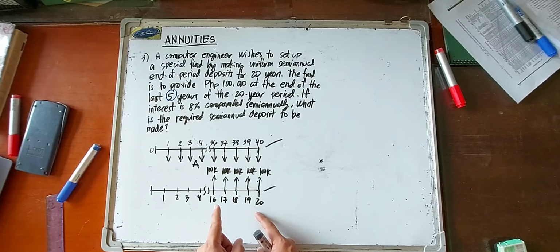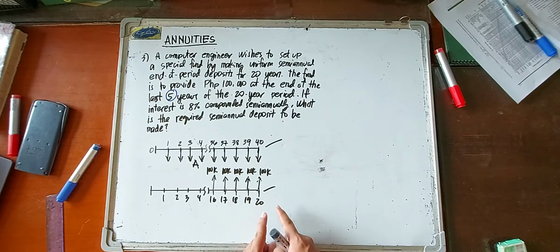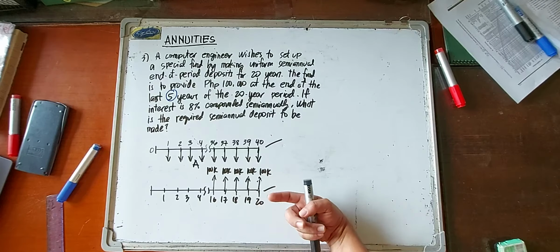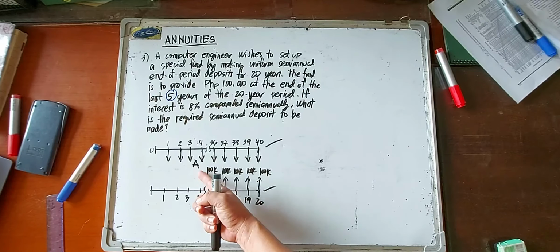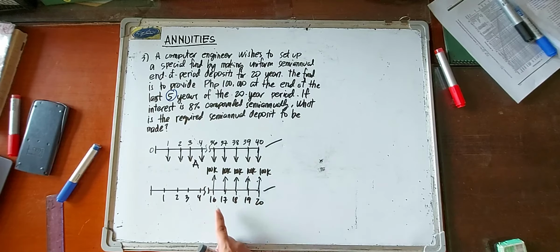So sa 16th year, meron kang 100,000. Sa 17th year, meron kang 100,000 and so on up to the 20th year, meron kang 100,000 pesos. So ang question is, ano dapat yung semi-annual payments na deposit ko so that I will be receiving this amount at the last 5 years of the 20-year period.